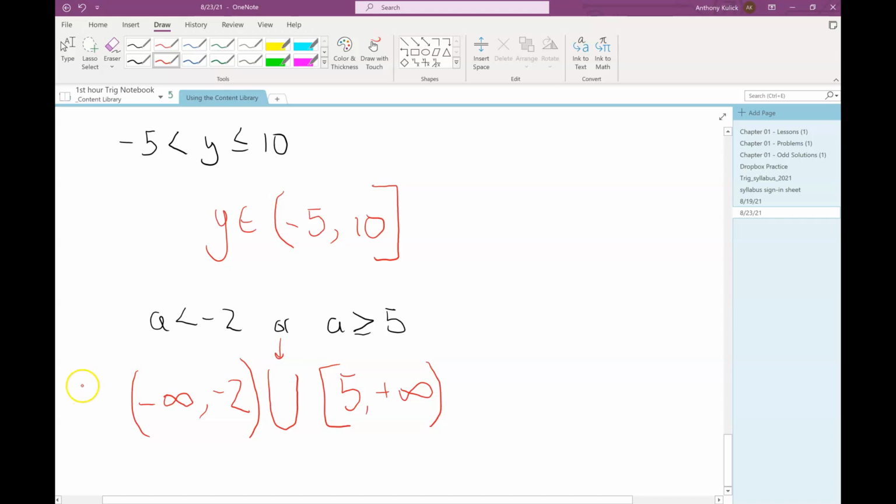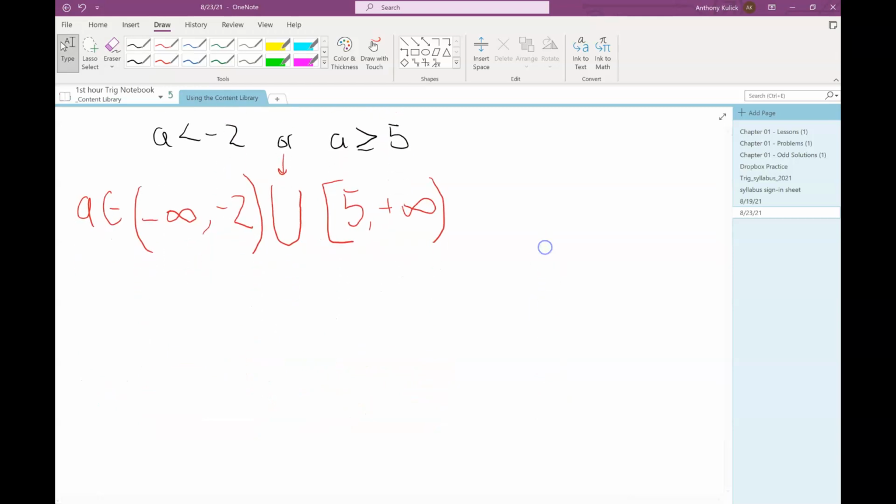And again, we would say a is a member of that set. So far, so good. Hopefully we remember doing these things in our Algebra 2 class, that it's not a complete start from zero.